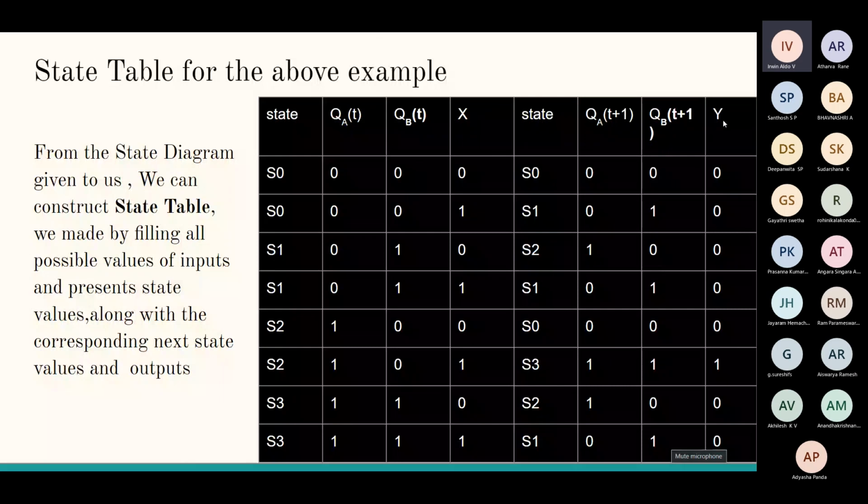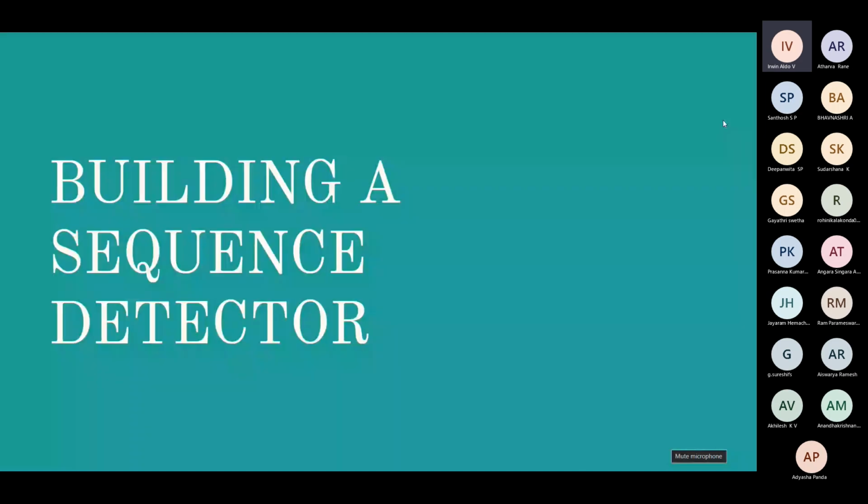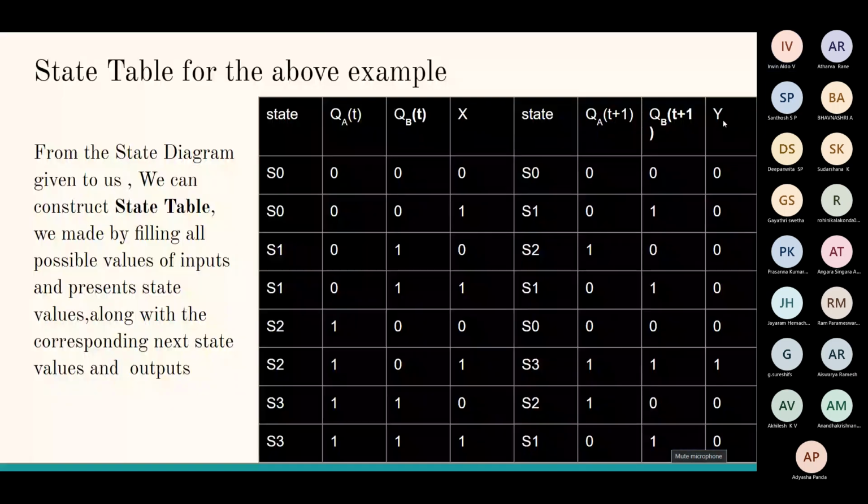And y is the value that we have written inside the circle. Now I'm going to represent S0 as 0 0, S1 as 0 1, S2 as 1 0, and S3 as 1 1. It's not necessary that you represent the circuit in exactly the same order. It doesn't matter.